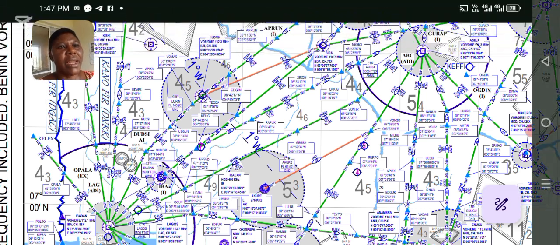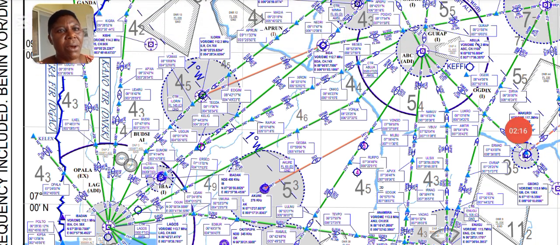The second thing we need to talk about on this chart is this hash round, which is the control zone.